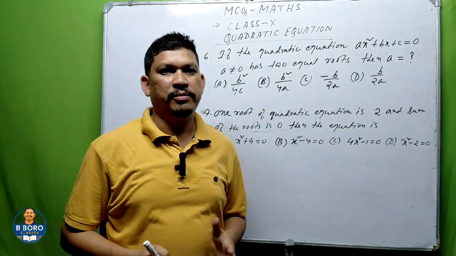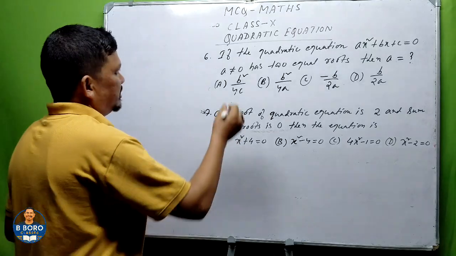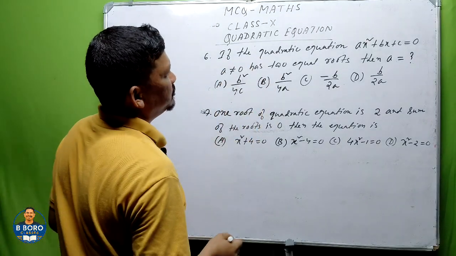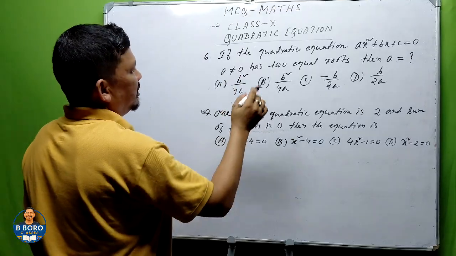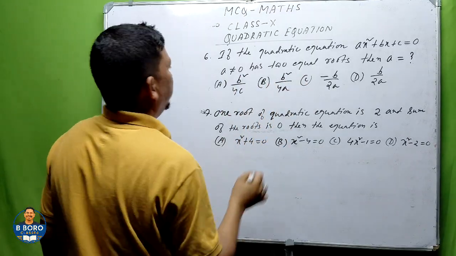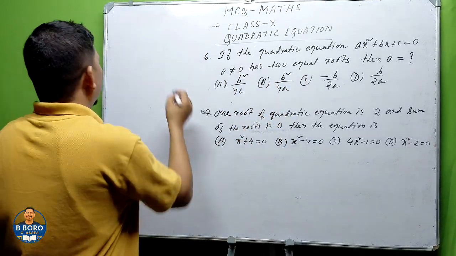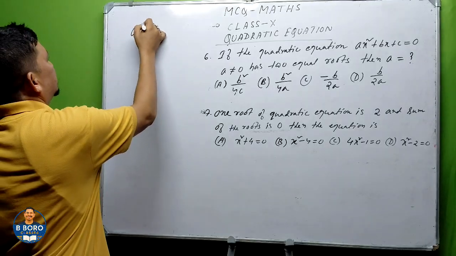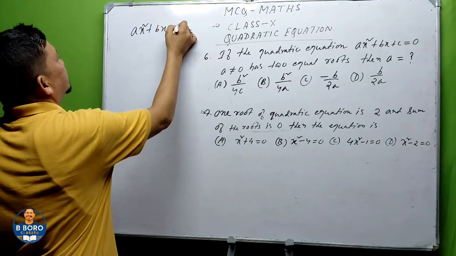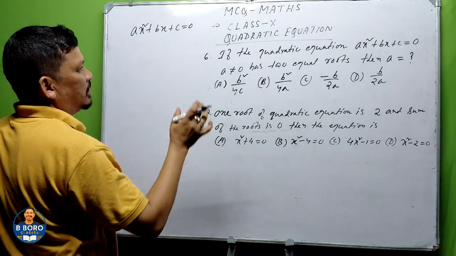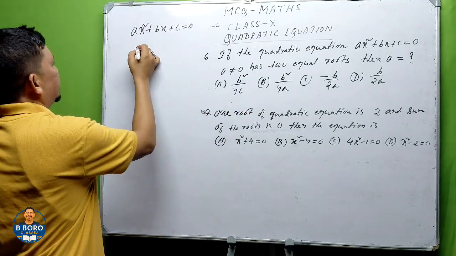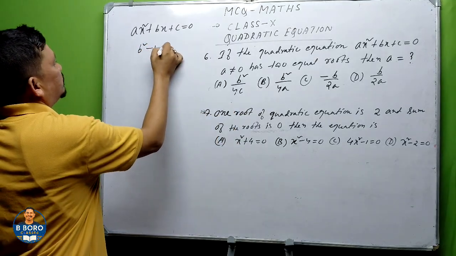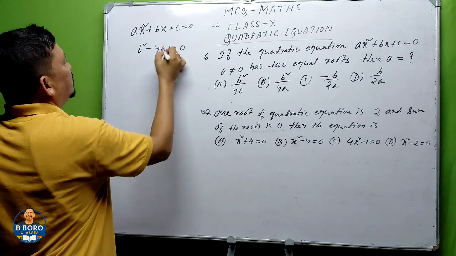Now we will discuss question number 6. What is given? If the quadratic equation ax square plus bx plus c equal to 0, a not equal to 0, has two equal roots, then a equals what? We are given four options. The roots of a quadratic equation are equal if the discriminant b square minus 4ac equals 0.